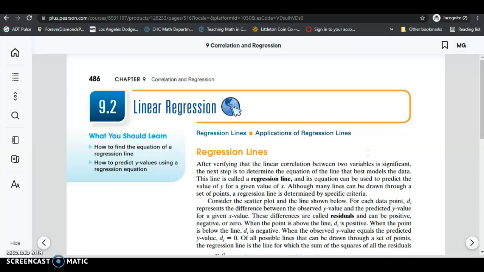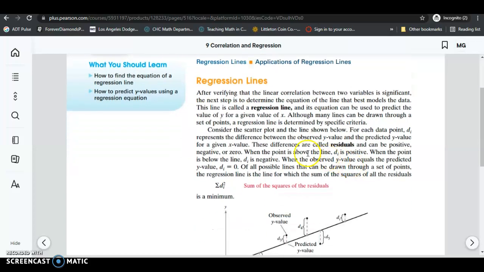That's what we did in section 9.1. In this section, once we know that a linear correlation exists between two variables and that it is significant, then we want to come up with the equation of a line that will best model the data. That's what the regression line is all about.